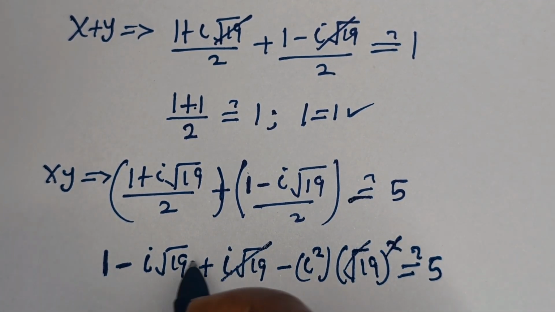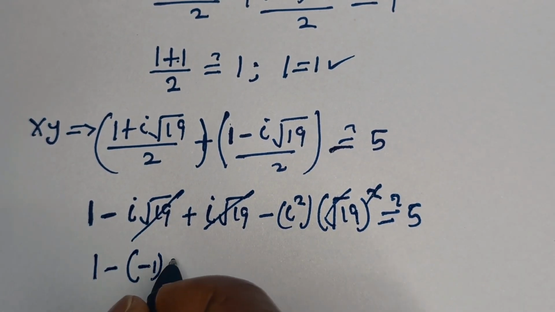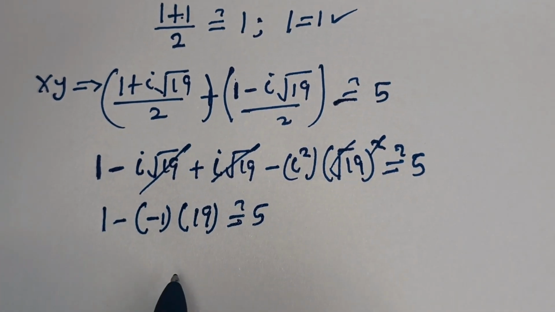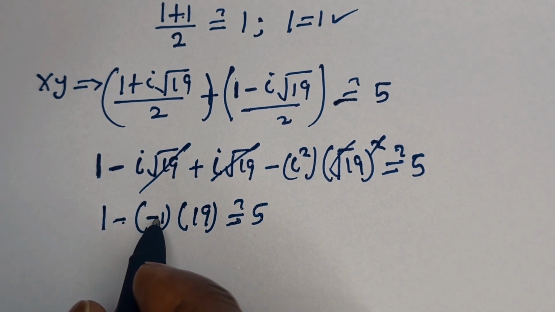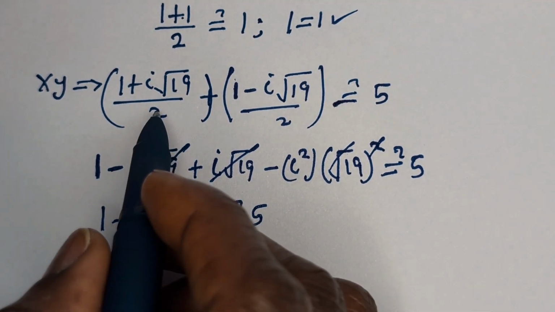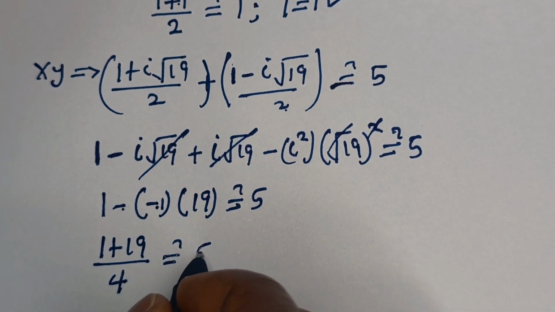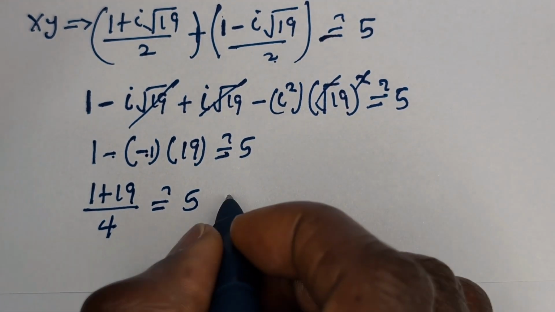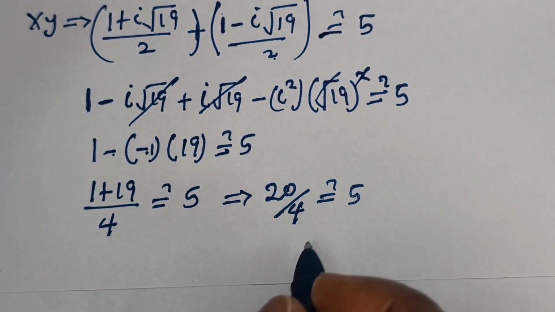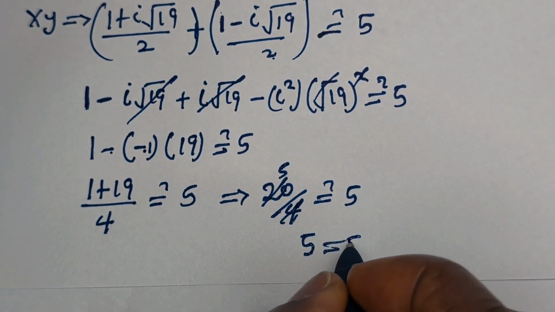This cancels this, this cancels this. Here we have 1 minus i squared, which is minus 1, multiplied by 19, must be equal to 5. Then minus times minus 1 is plus 1, times 19 is plus 19. We have 1 plus 19. Now here we have 2 multiplied by 2, that is 4. Over 4 must be equal to 5. Then this is 20 over 4 must be equal to 5. 4 goes into 4 once, 4 goes into 20 five times. Then we have 5 is equal to 5, which is true.